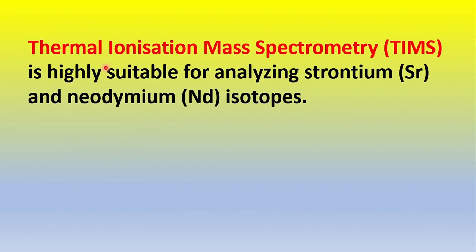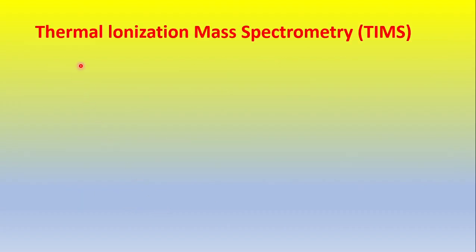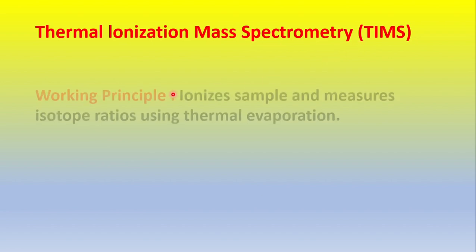Thermal ionization mass spectrometry is highly suitable for analyzing strontium and neodymium isotopes. It is widely used in geochronology and isotope geochemistry, particularly for the rubidium-strontium as well as the samarium-neodymium dating methods.